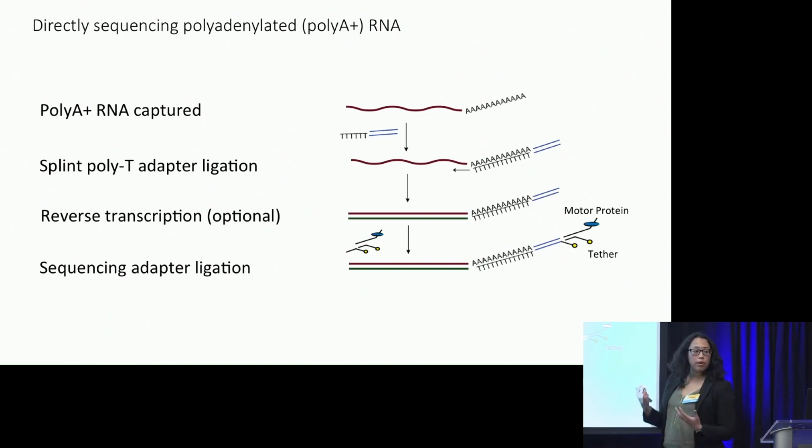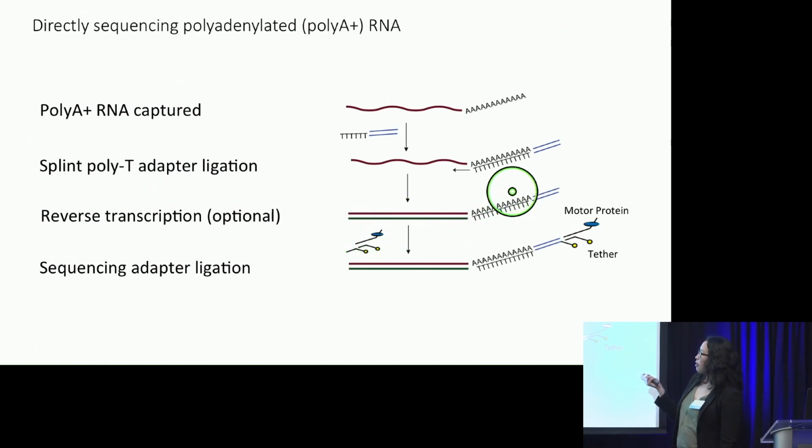And so the way this protocol works to actually sequence RNA directly, first you can capture those polyadenylated RNAs. So those are just RNAs that have a long poly A tail at the end. And then you can add this adapter to it that ligates to the very end of that RNA molecule. And then typically, this step is optional, but it seems to help stabilize the molecule and also allow for more throughput in the sequencing.